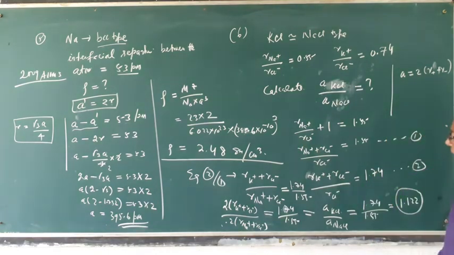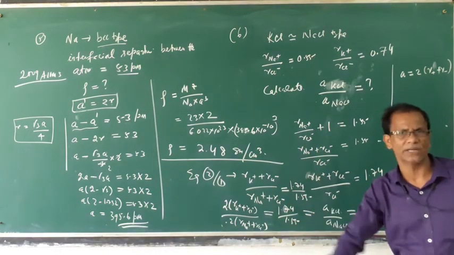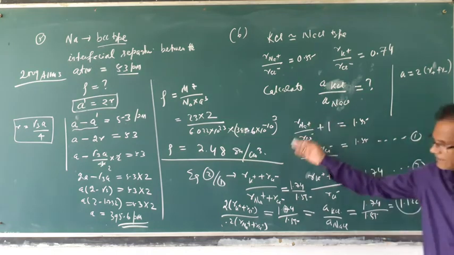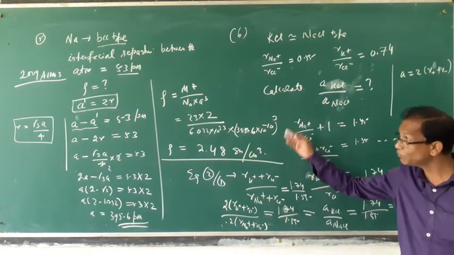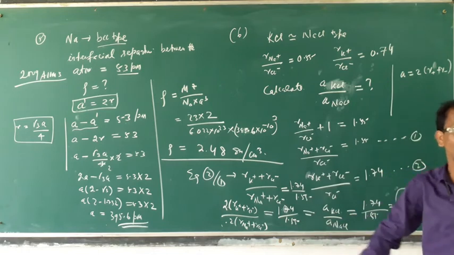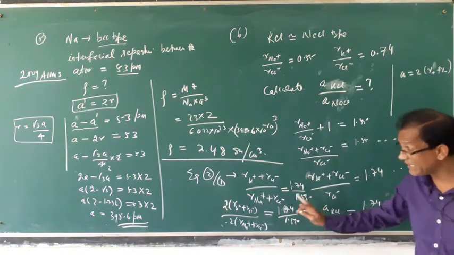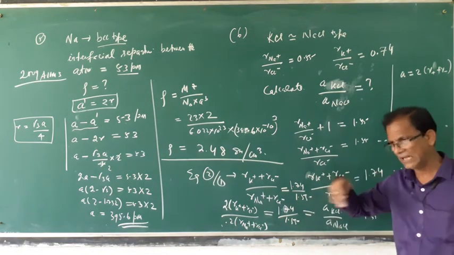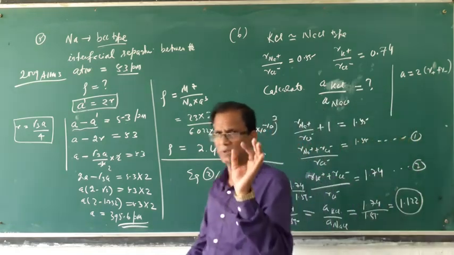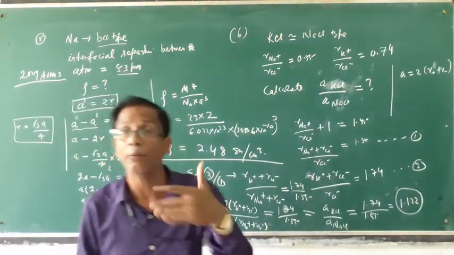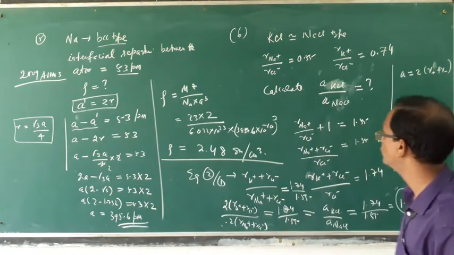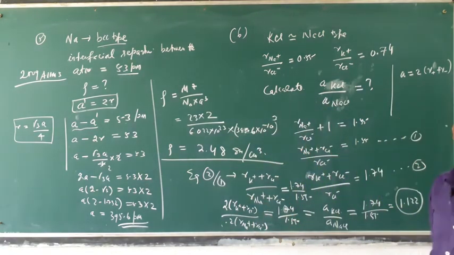When you do rough work, always avoid the intermediate steps. I am explaining to you, but you should not do it stepwise like this in the rough work. Directly you have to do it. You have to think like this so that you can solve the problem quickly.